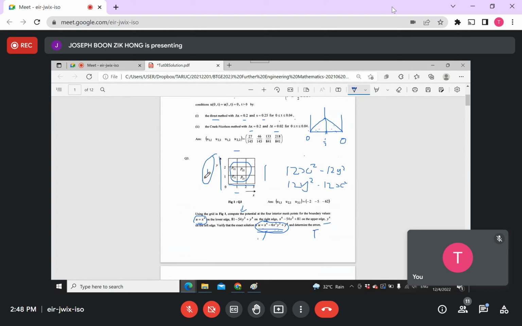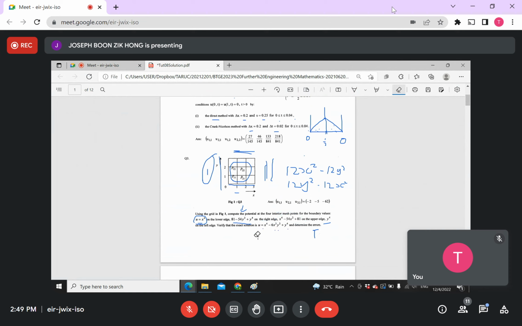And then for this one and this one you put your x equal to 3, then you should have 81 minus 54 y squared plus y power 4. And for this one, you put your y equal to 3, then you should have this one. Then hence we verify this is a true answer.